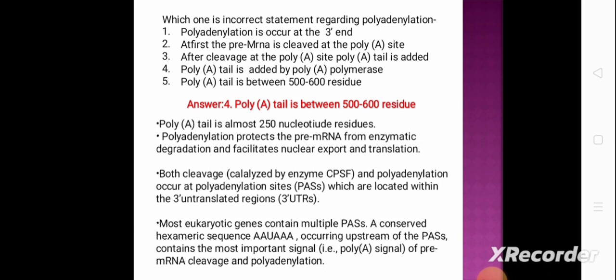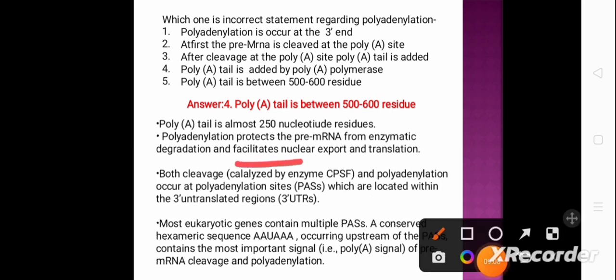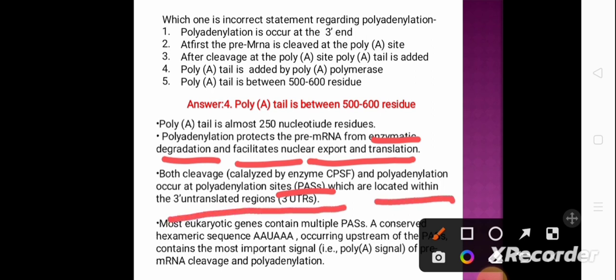The poly-A tail is almost 250 nucleotide residues long. Polyadenylation protects the pre-mRNA from enzymatic degradation and facilitates nuclear export and translation. Both cleavage and polyadenylation occur at the polyadenylation site, which is located within the 3' untranslated region, the 3' UTR.